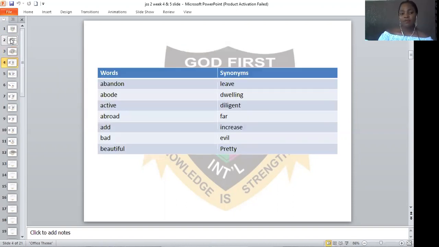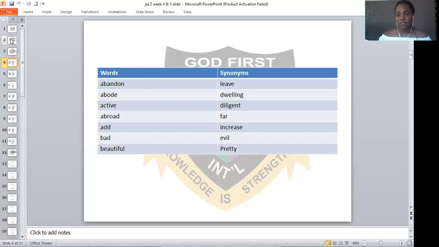Moving on to some examples of words with the same meaning. The first word we have here is abandon. What does it mean to abandon someone? That's to leave. So the synonym for abandon is leave. The next is abode. You might have heard someone say this is my little abode. It means dwelling.